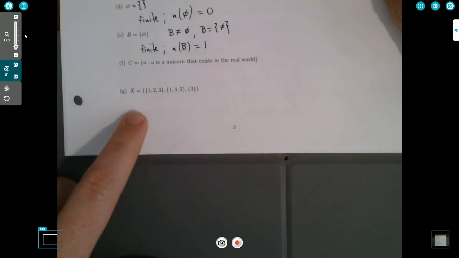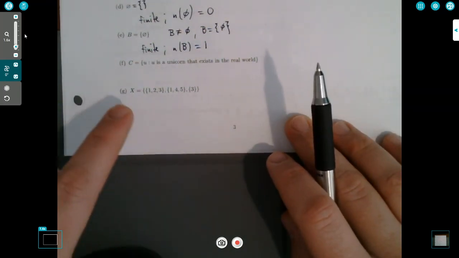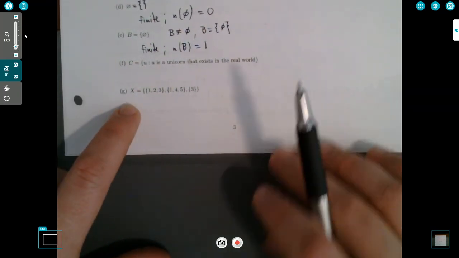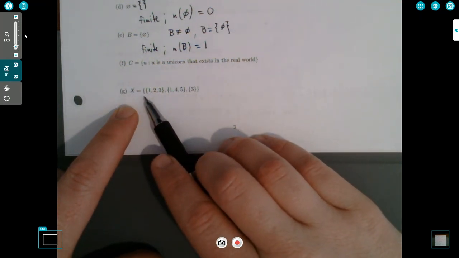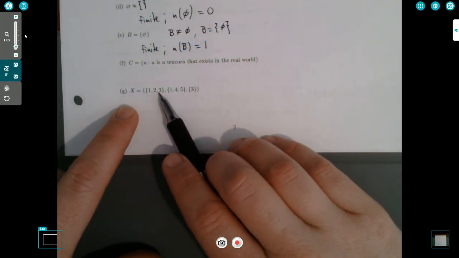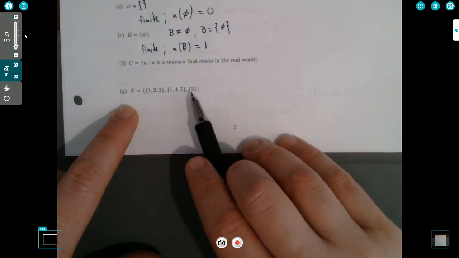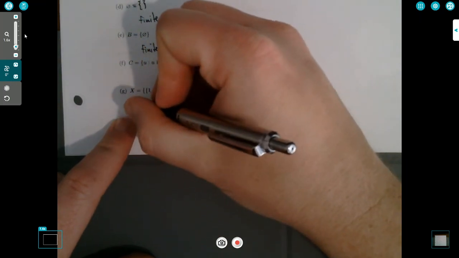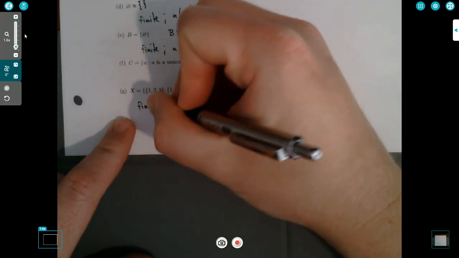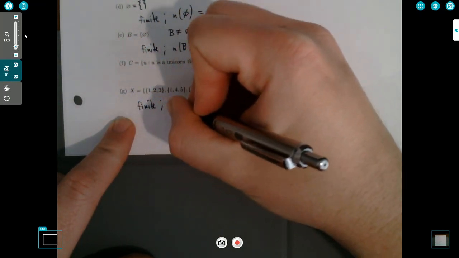But you could think of it like part G as well. So part G would be a good one. We'll come back to part F, but look at part G. X is the set composed of the set {1, 2, 3}, the set {1, 4, 5}, and the set {3}. So this is definitely a finite set. And now if you ask yourself, what's its cardinal number?